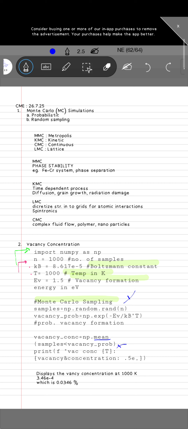So if these samples are considered to be less than the vacancy probability, then we find out the vacancy concentration. So the vacancy concentration is the mean of all the samples which are below the vacancy probability. That's all. So it gives you the vacancy concentration at 1000 Kelvin, which is ultimately found as 3.46 e to the power minus 4, which is 0.0346.